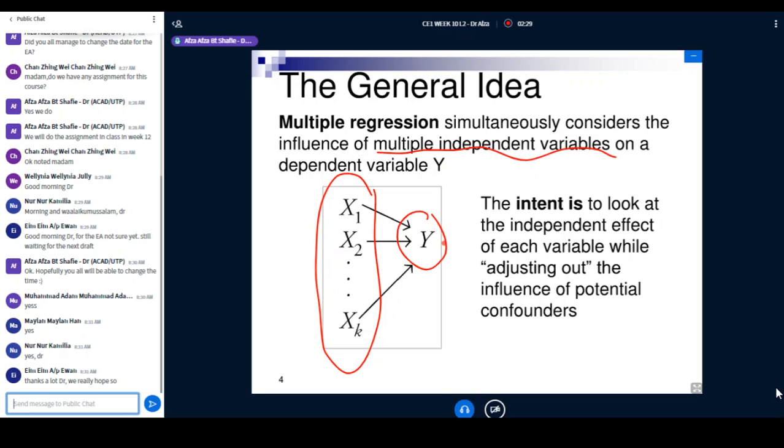So for example, if you're looking at yield, y is your yield. Your x1 can be temperature, x2 can be pressure, xk can be volume, and so on.